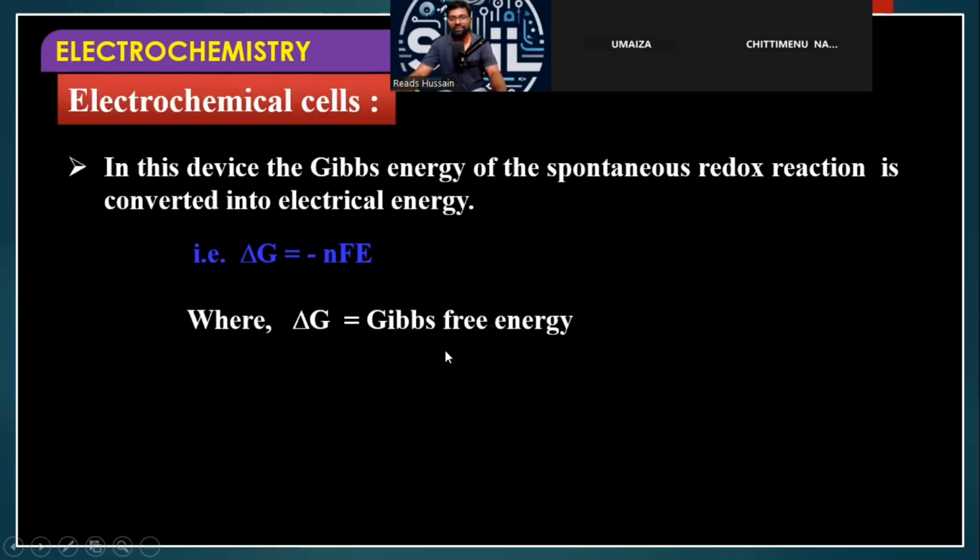Do you know what Gibbs free energy is? To make you understand, I'll give one small example. I have some energy internally, some internal energy. Out of my internal energy, I am using some to take this class. Right now, I am teaching a chapter, electrochemistry.